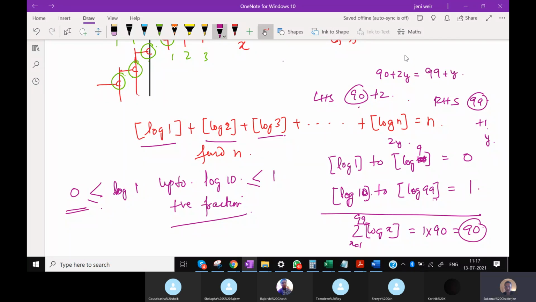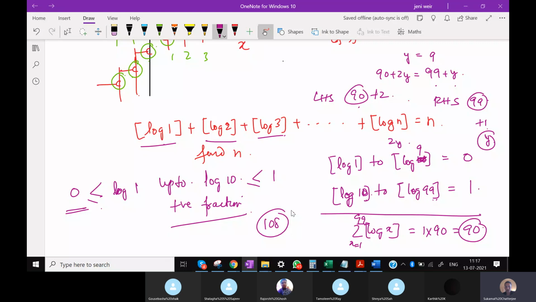So that means y would be 99 minus 90, which is 9. That means I need 9 more values on the right-hand side and left-hand side to make them equal. So 99 plus 9 would be 108. So the value of n would be 108.